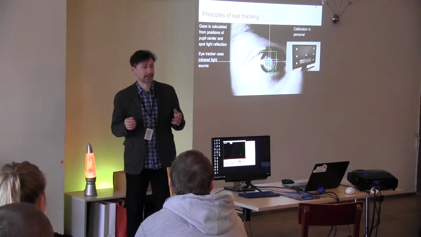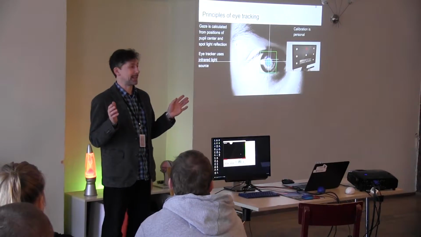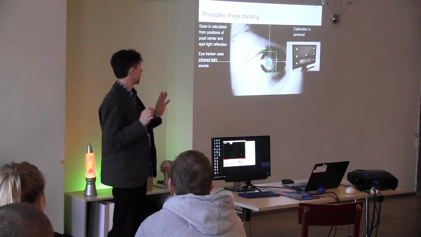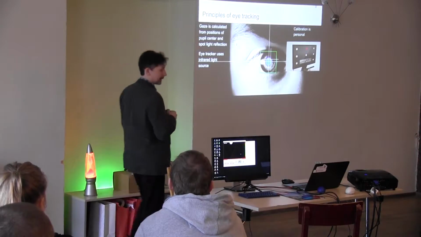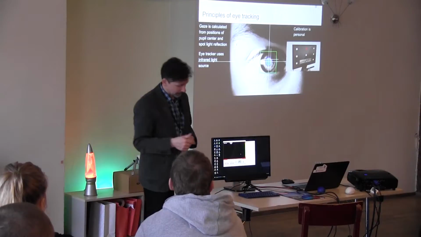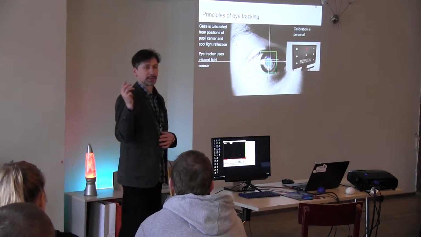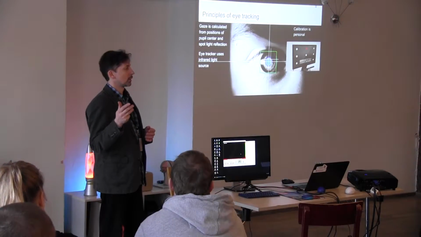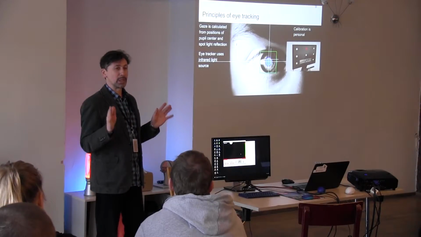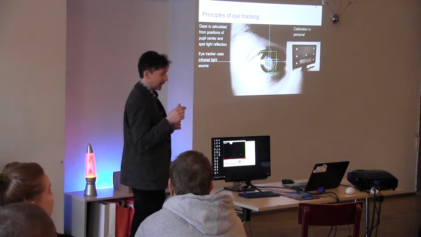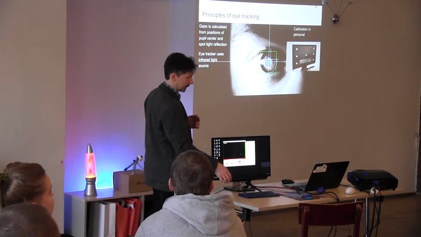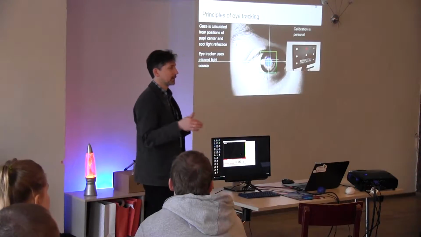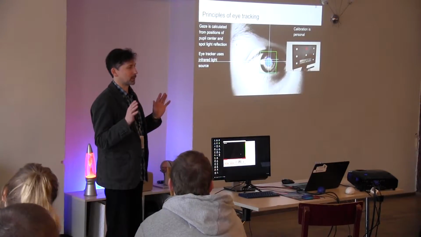The principle of eye tracking. Did they explain this yesterday? No, it's easy. Inside the eye tracker there is an infrared camera, which is one of the components. It's actually a cheap component compared to the eye tracker itself. This is a scientific eye tracker, and the price is about $5,000.